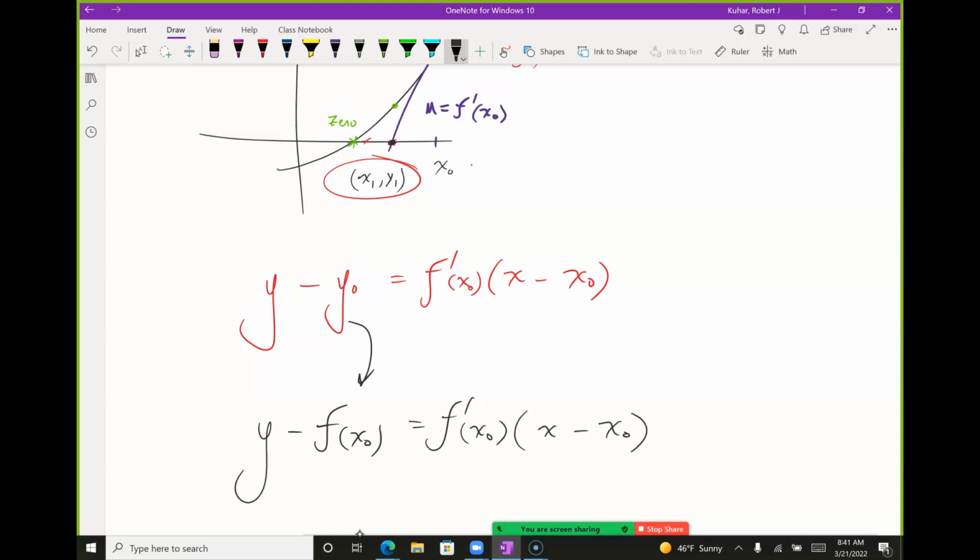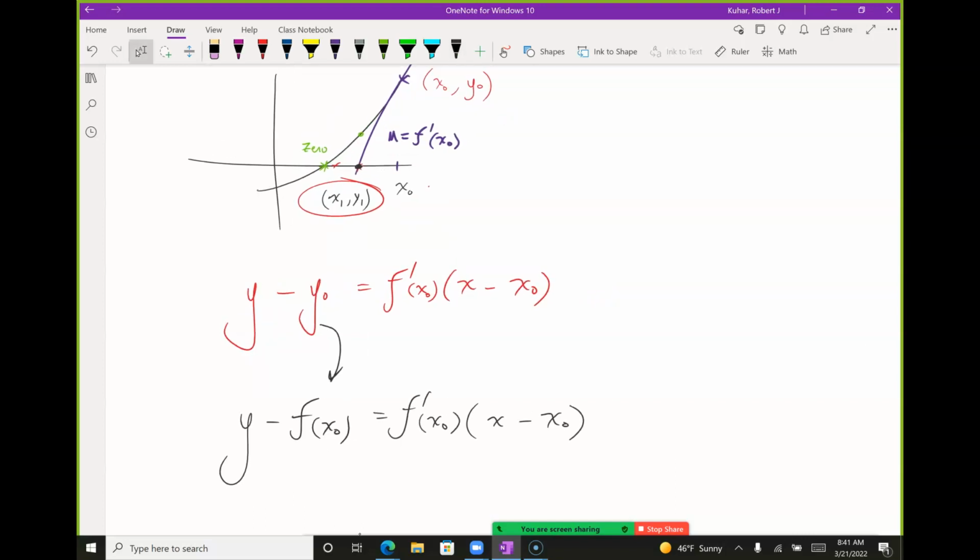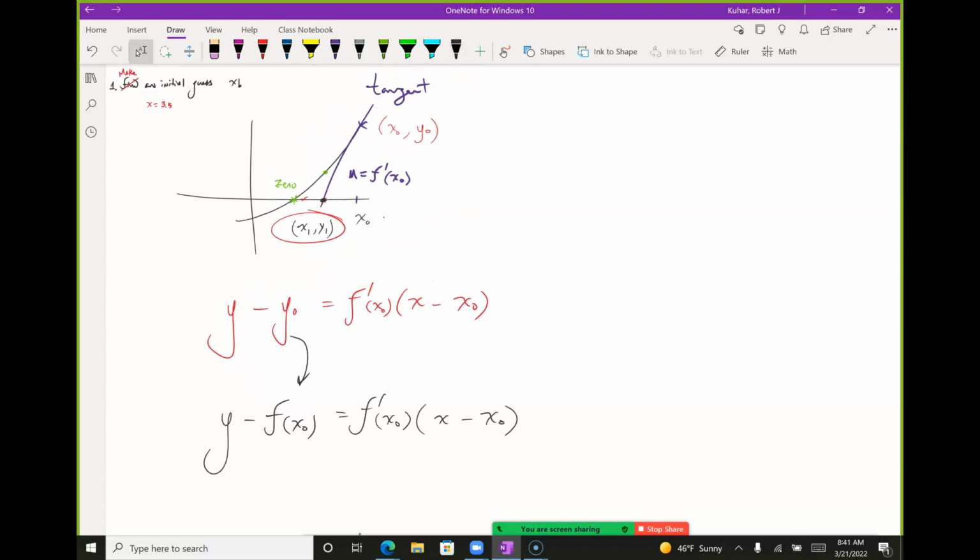Everywhere I plugged in x initial, it's all coming from my calculus, my tangent line, right? So my original function, my derivative, what am I trying to find here? What of this is unknown?